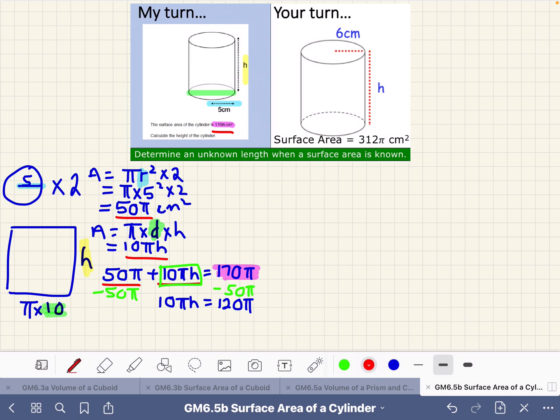H is being multiplied by 10 pi, which means we can divide by 10 pi to get h on its own, and we do that to both sides. That gives us the height is equal to 120 pi divided by 10 pi is 12 centimetres. Press pause while you try the your turn question.